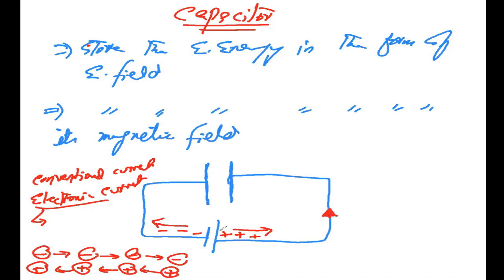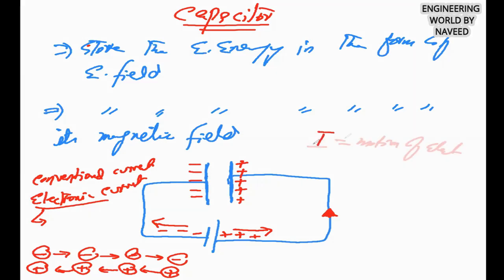So the positive charges are moving like this, and it will come over here. So here we will get positive charges, and here we will get negative charges. Actually, the current is basically from the motion of the electrons.